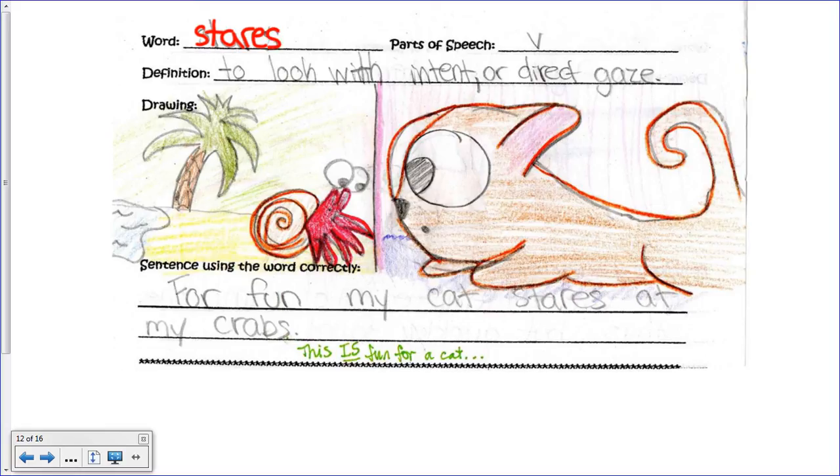S-T-A-R-E-S. Verb, and the definition is to look with intent or direct gaze. This one's pretty clever. For fun, I believe there'd be a comma there. My cat stares at my crabs. And I would imagine that this person's cat really does do that with their hermit crabs.